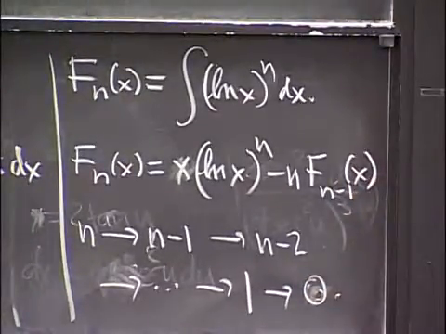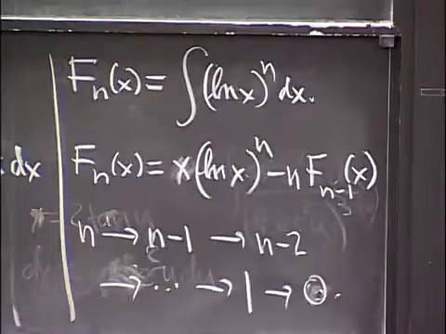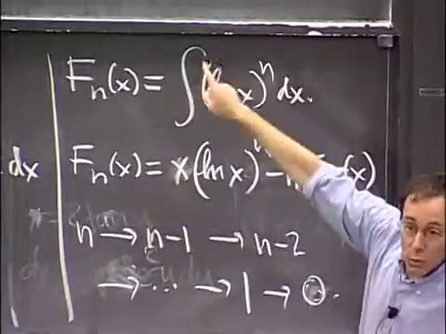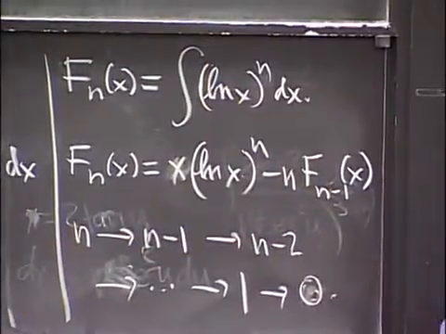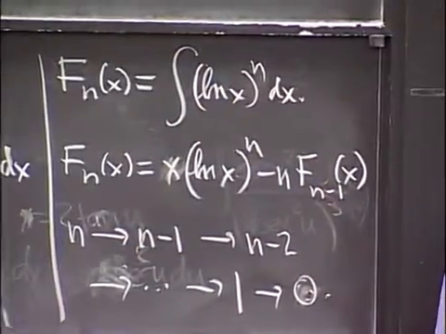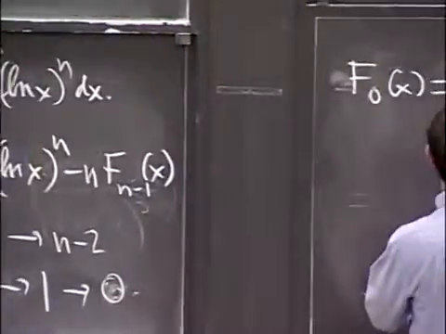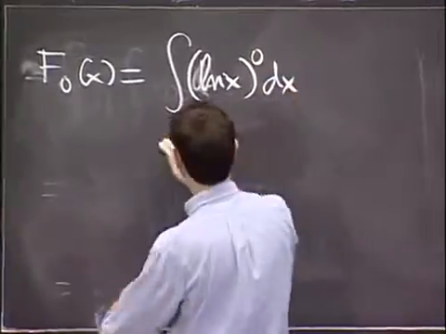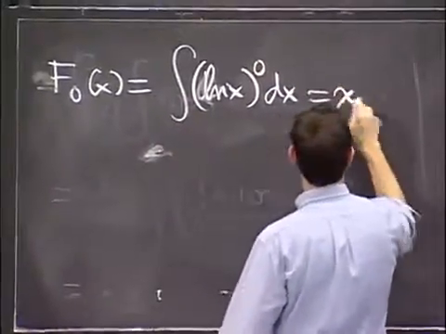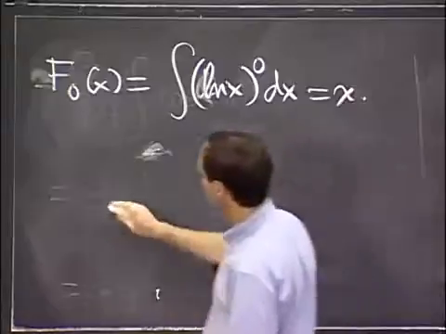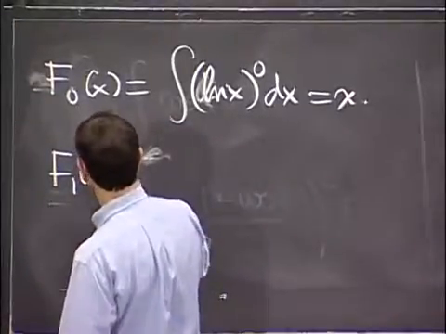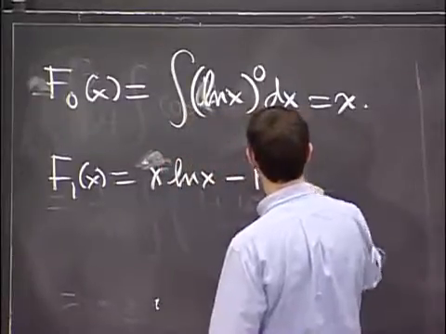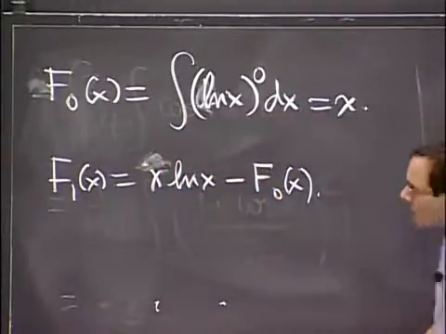All right, so this is the idea of a reduction formula, and let me illustrate it exactly in the context of examples 1 and 2. So the first step would be to evaluate the first one, which is, if you like, the integral of log x to the 0 power dx. That's very easy. That's x. And then f1 of x is equal to x log x minus f0 of x. Now that's applying this rule.